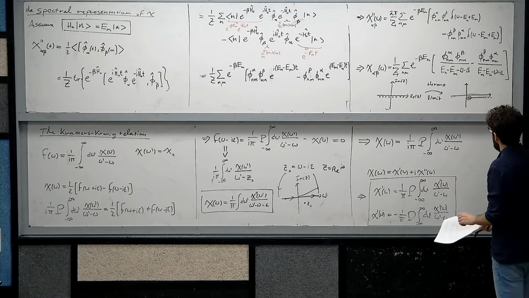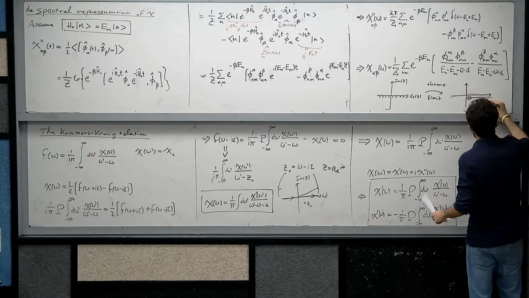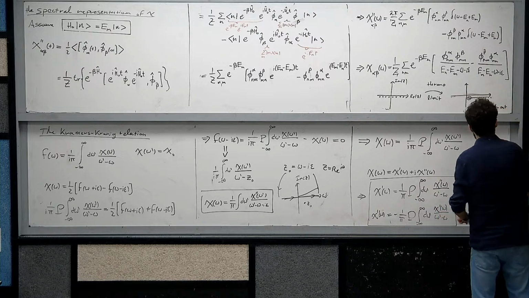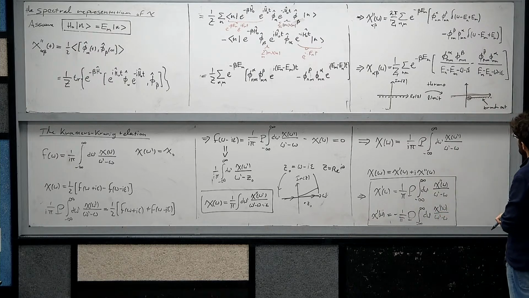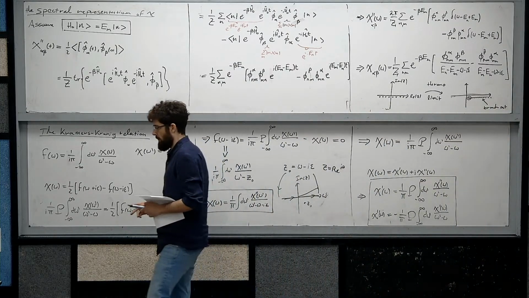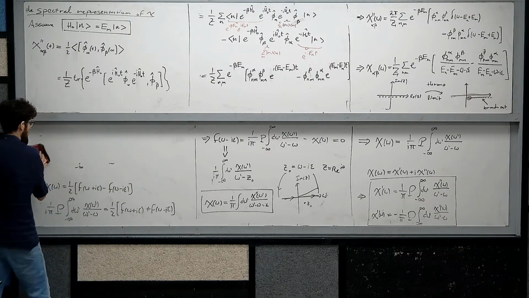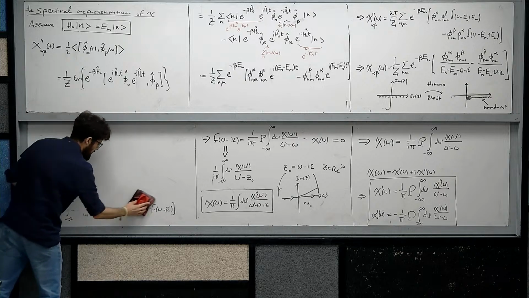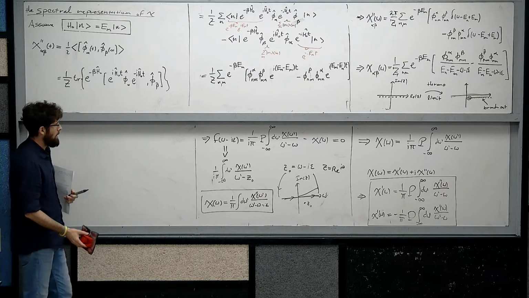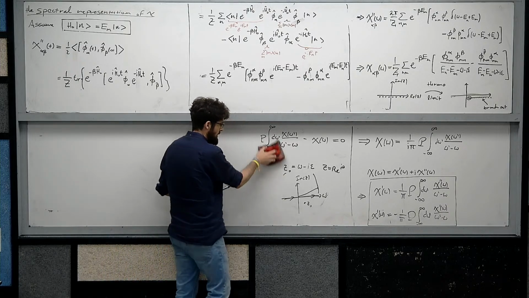That's one thing to mention. Another thing to mention is that if you look at this expression, once we have this branch cut business, it looks like this response function is not only analytic in the upper half plane, it's actually analytic everywhere except for this branch cut.